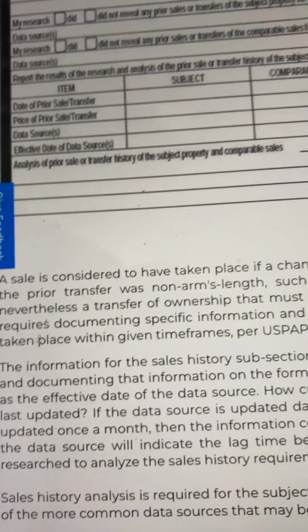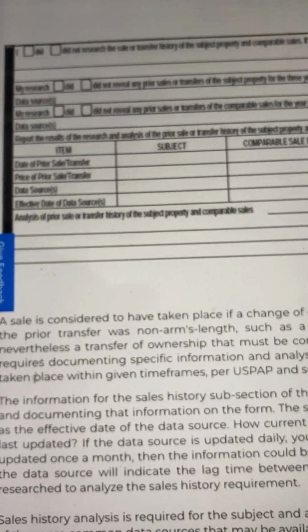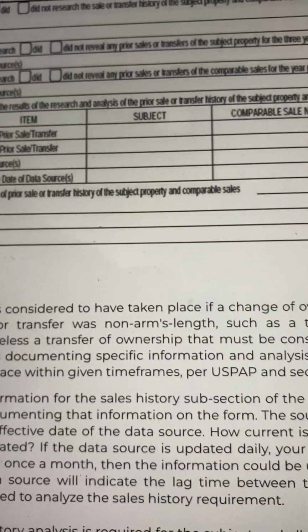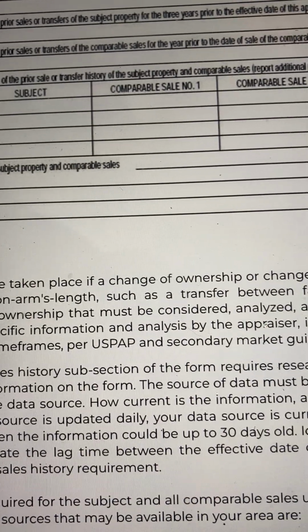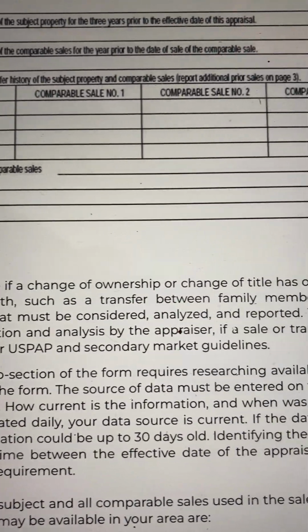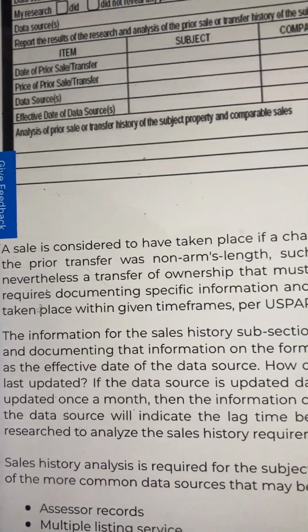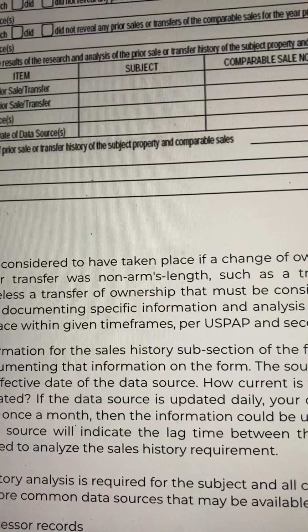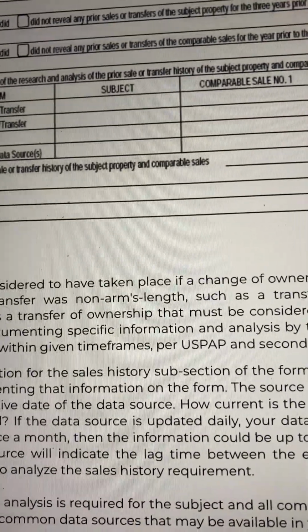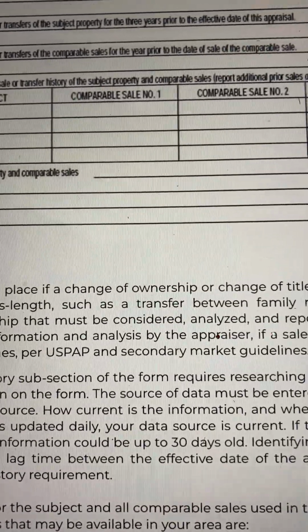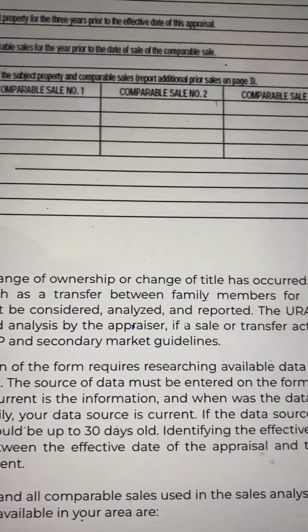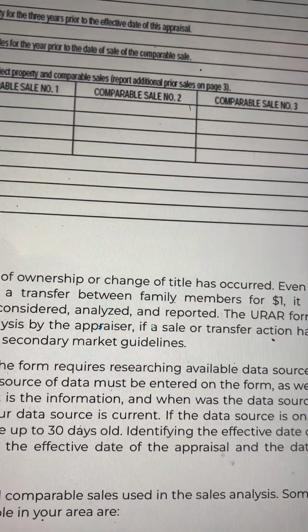A sale is considered to have taken place if a change of ownership or change of title has occurred, even if the prior transfer was non-arm's length, such as a transfer between family members for $1.